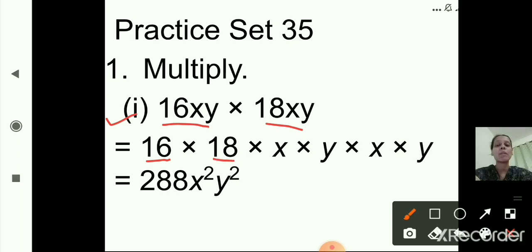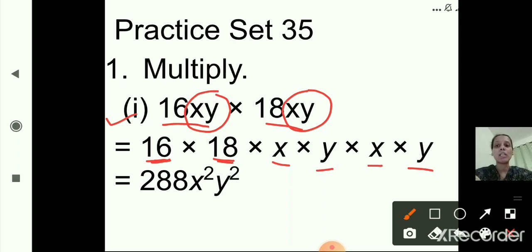So first we multiply the coefficients, 16 multiplied by 18. The variables are x, y and here also x, y, that we will multiply separately, x multiplied by y. So this is the first step: first we multiply the coefficients and then we multiply the variables.